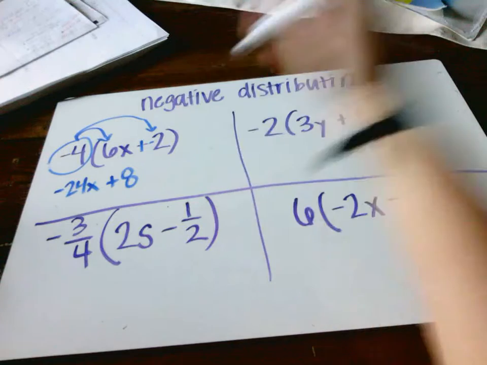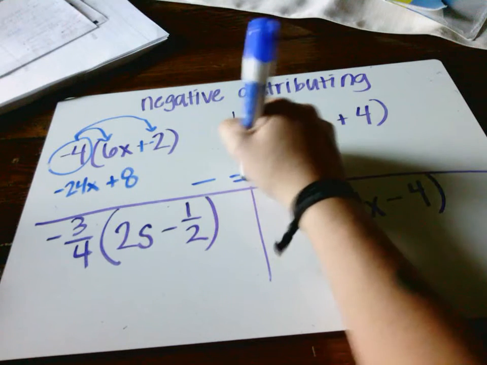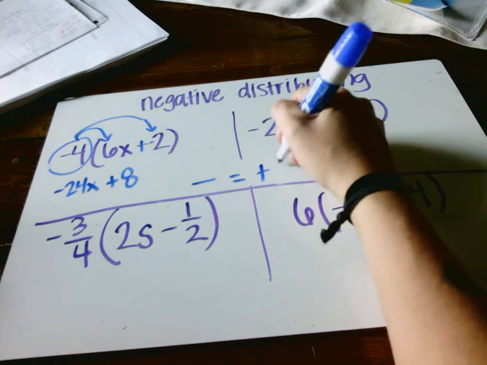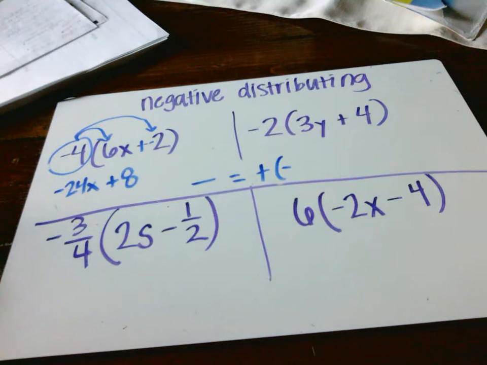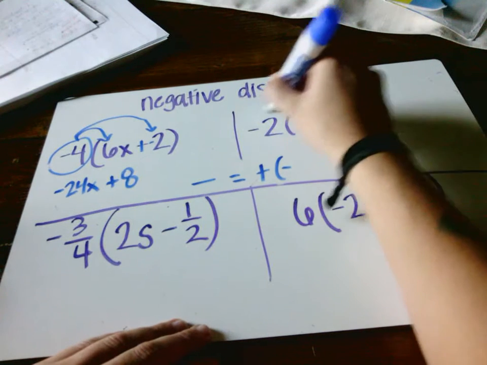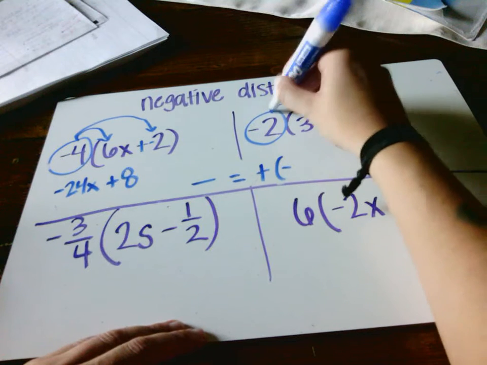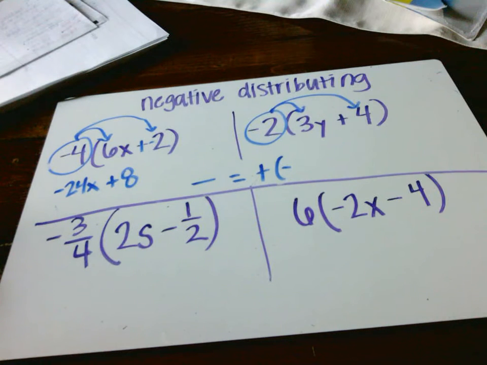The main thing I run into you guys having trouble with is that a subtraction sign is the same thing as adding a negative number, which is what I changed here. So let's look at this problem. I'm going to circle my outside of the parentheses, which is negative 2, and it needs to be distributed throughout the parentheses.